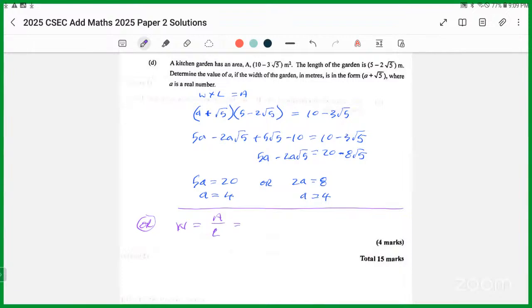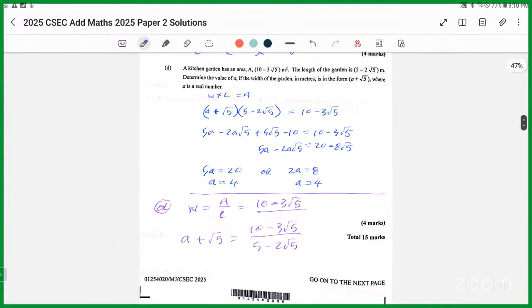And the area is this thing up here, 10 minus 3 root 5. The width, which is A plus root 5, will be equal to 10 minus 3 root 5 divided by this length. This is 5 minus 2 root 5.